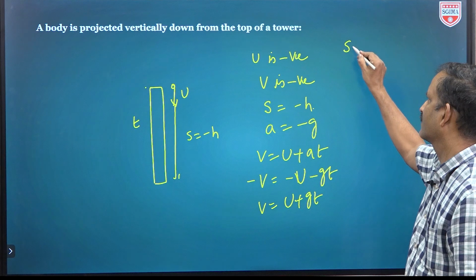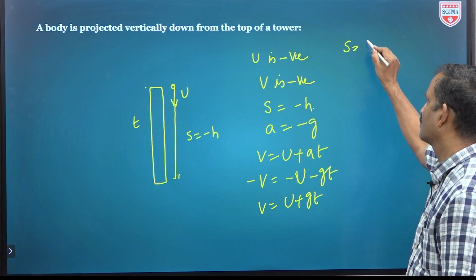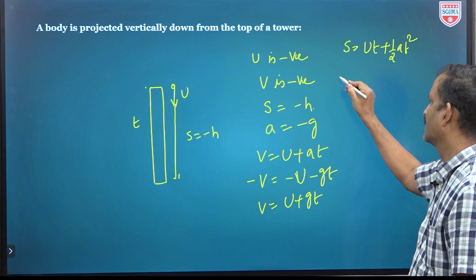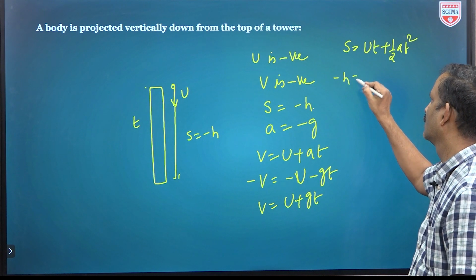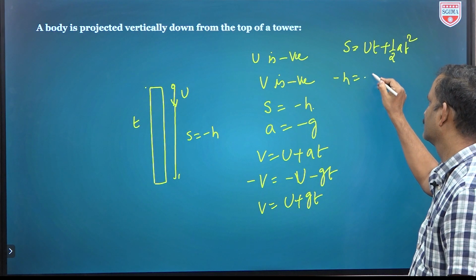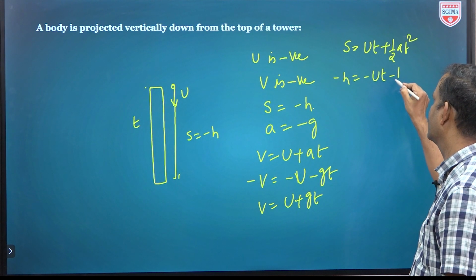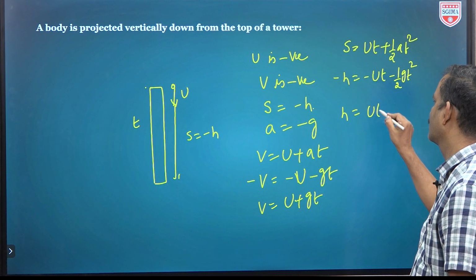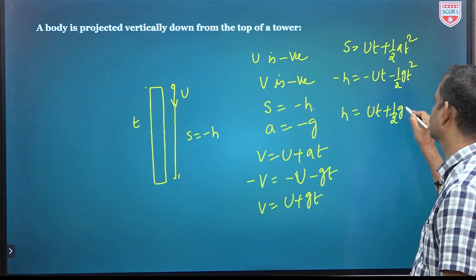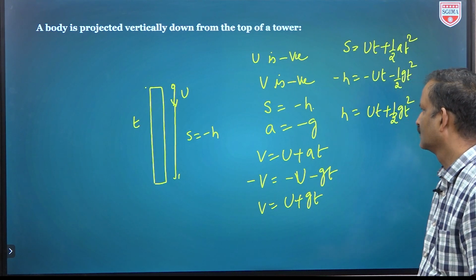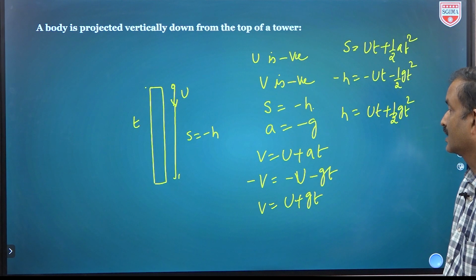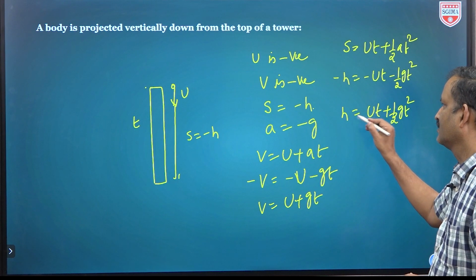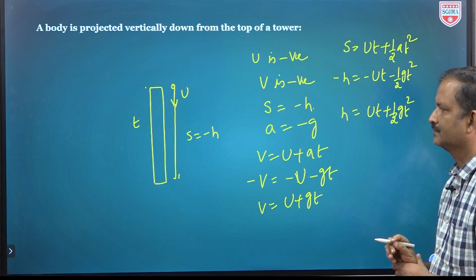If you write the formula S is equal to ut plus half at square, S is negative, u is negative, a also negative. So h is equal to ut plus half gt square. All are negative. In case of a vertically projected upward body, it is reverse: u positive, h negative, g negative.